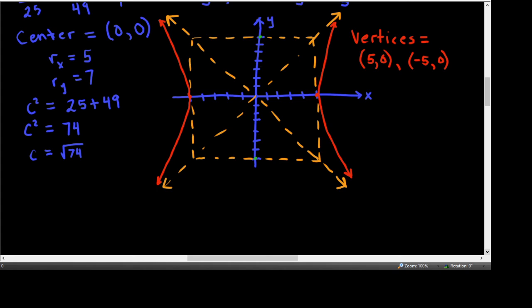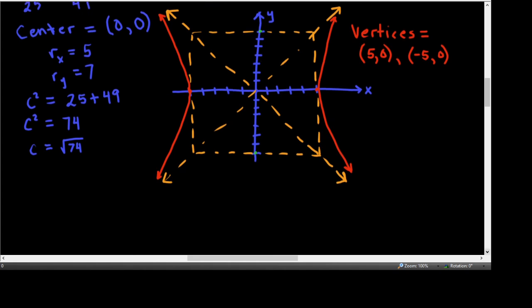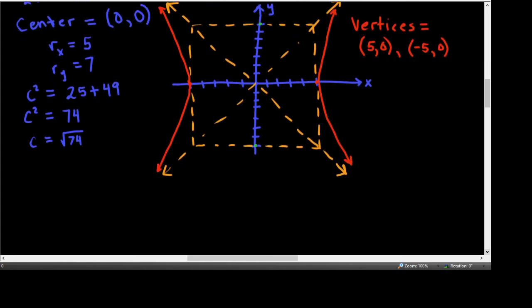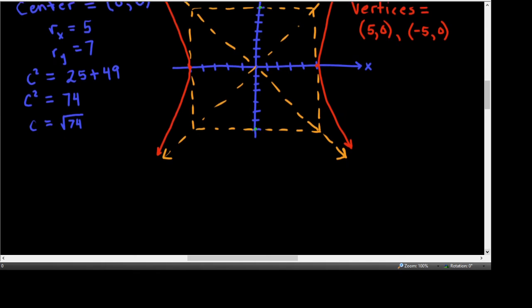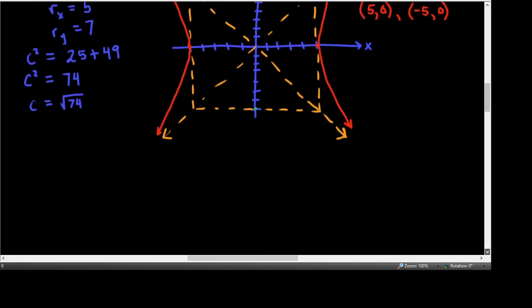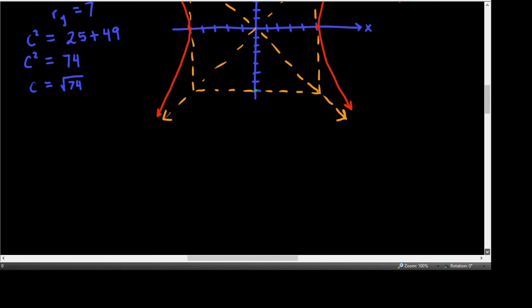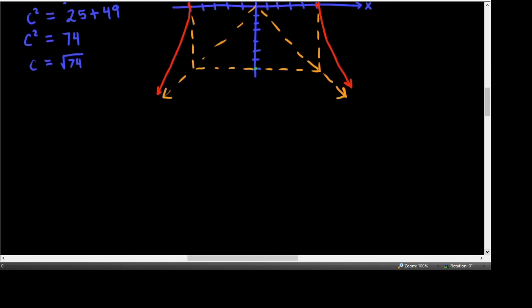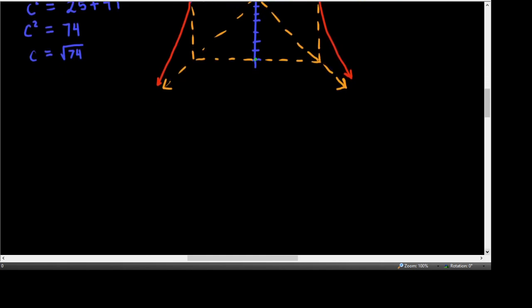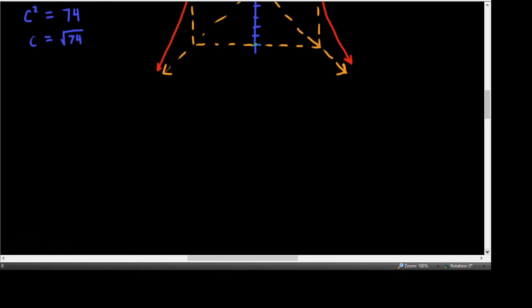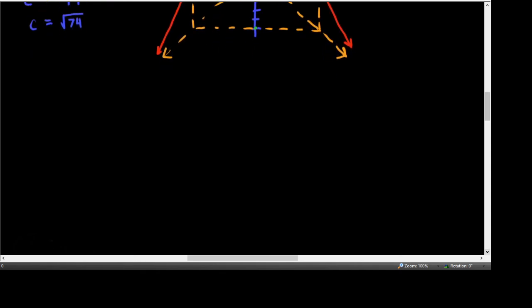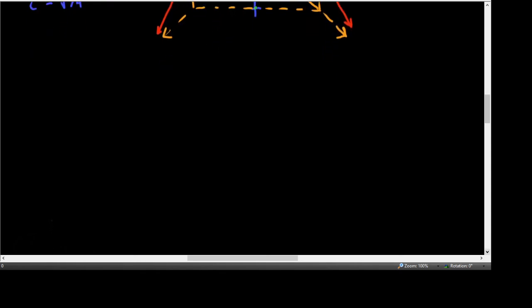The next example doesn't give us the equation already in standard form. So just like what we did with the ellipse, we're going to have to do some algebraic manipulation to get it in that form of fraction minus fraction equals 1. So that's kind of a touchstone for what you want to make sure that you get.